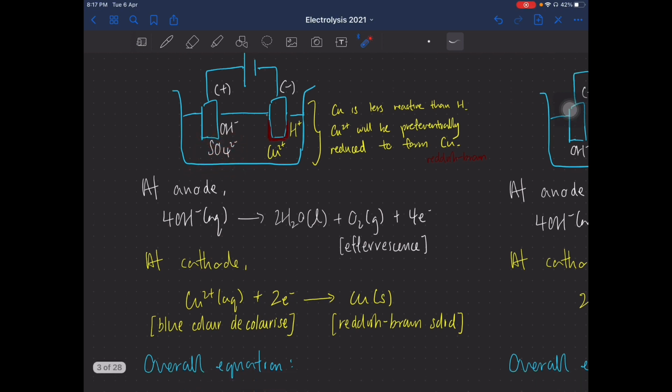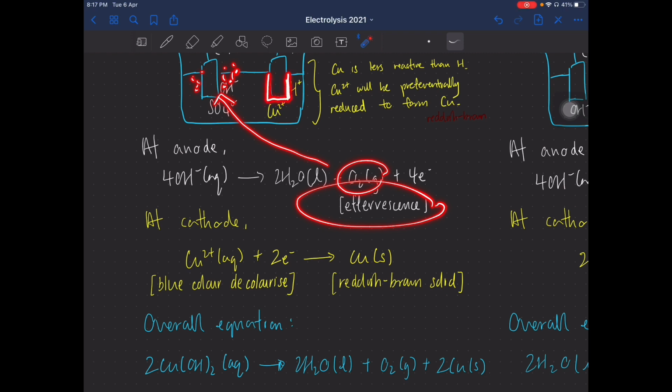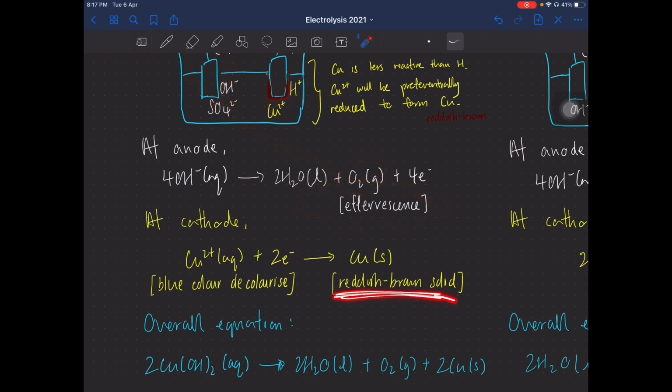So what we'll see in terms of observation in this entire reaction is that you'll notice effervescence happening at the anode because of the oxygen that's coming out. So you start to see a lot of bubbling, right, that's coming out over here. Now at the same time, on the right side, which is the cathode side, you'll see a layer of copper forming, right? So you see this electrode getting thicker and thicker, and this layer will look reddish brown in color.